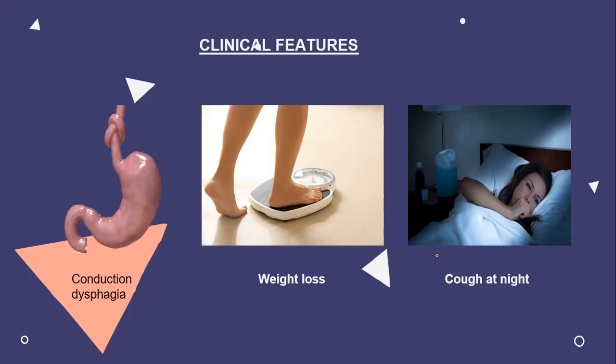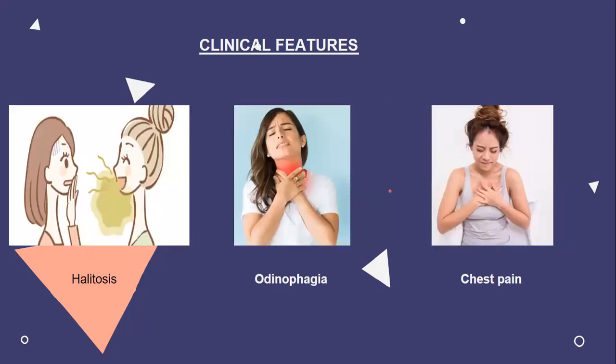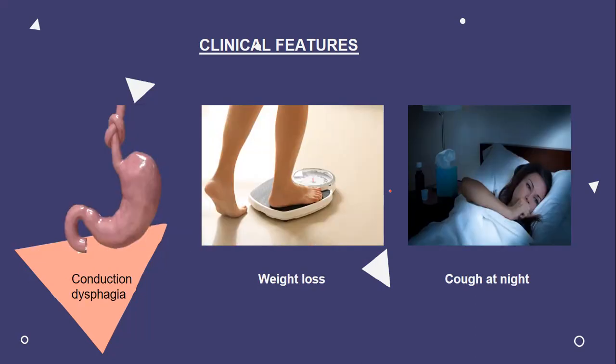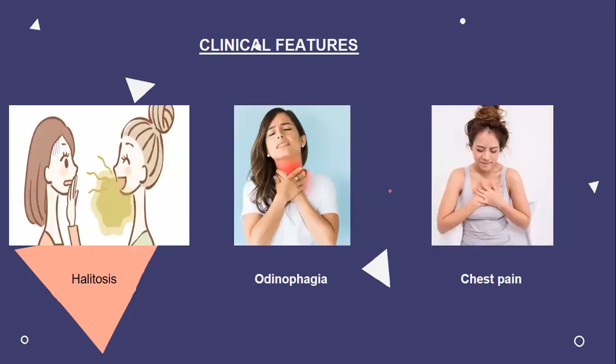In the long term, this would cause pneumonia, okay? However, at the beginning of the disease, this person might be coughing at night because of the horizontal position that this person takes before going to sleep. Okay, these are the main ones: conduction dysphagia, long-term weight loss, and cough at night.